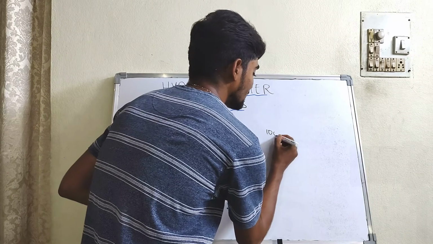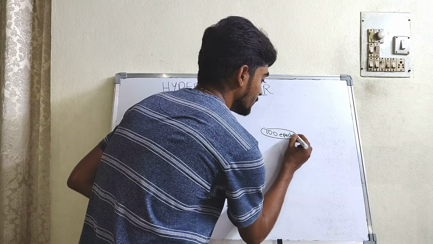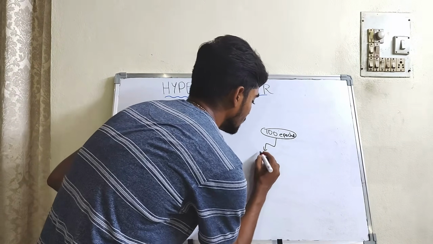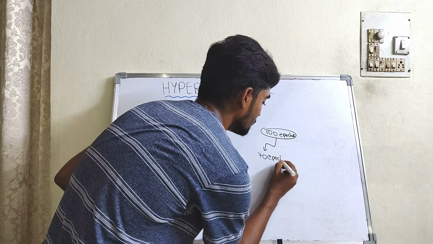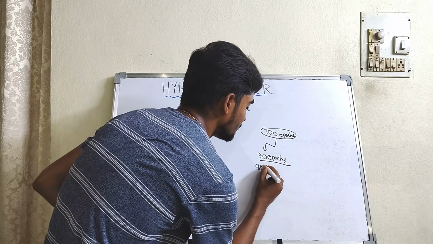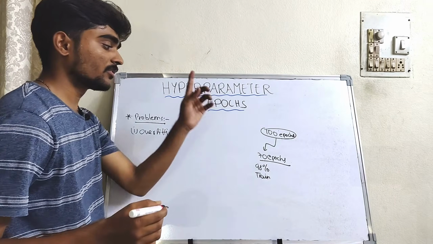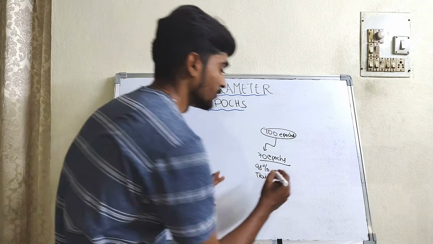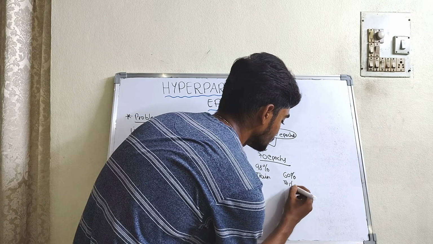Now in this case I have set 100 epochs. Let's say around 70 epochs I got around 98% training accuracy and 60% test accuracy.